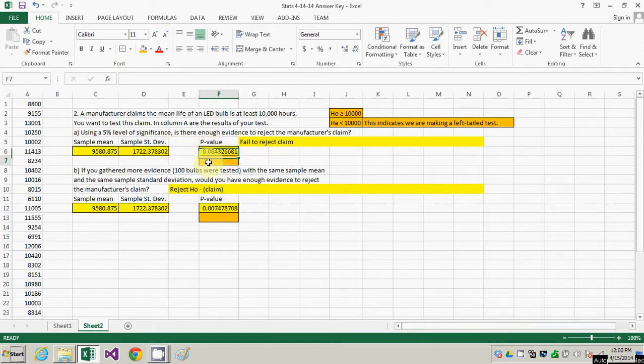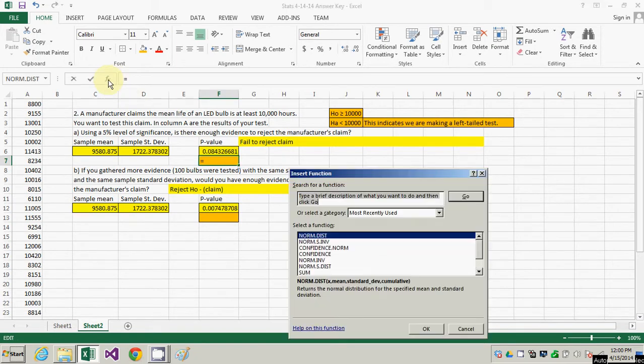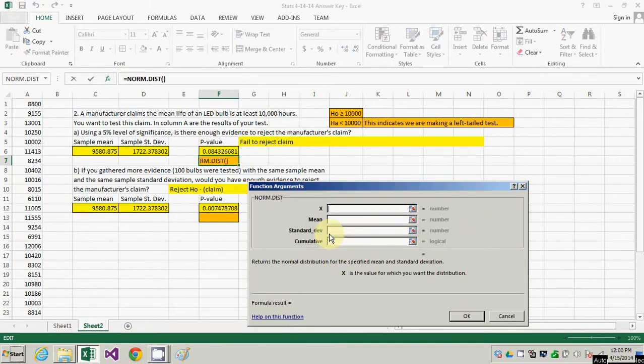And just redoing that, NORM.DIST is selected. The value for x or x bar is the 9580 value in cell C6. The mean is stated as being 10,000.